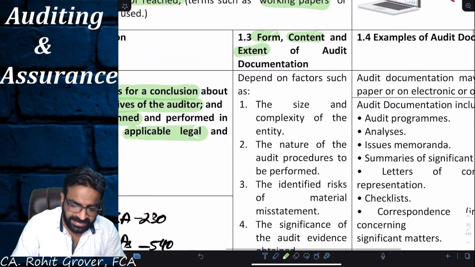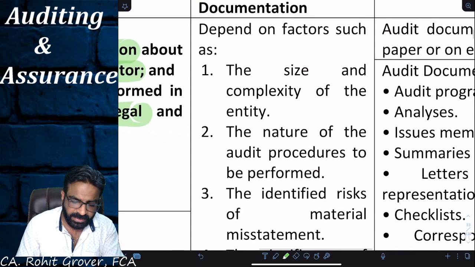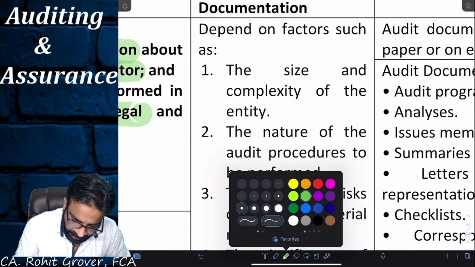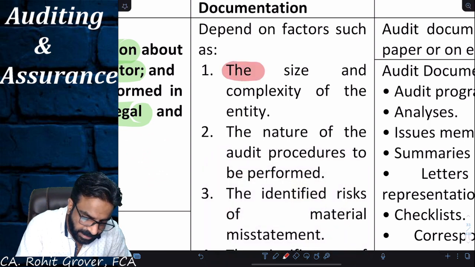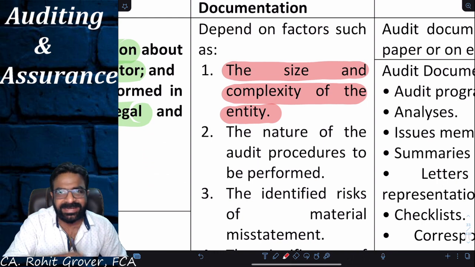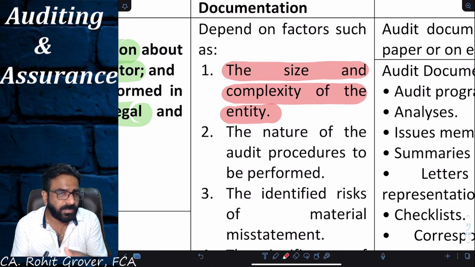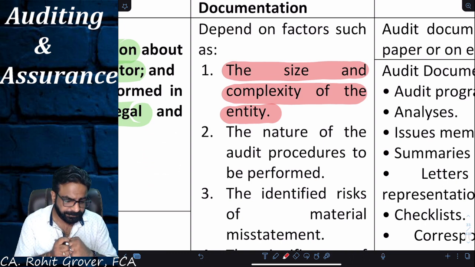Now see, size and complexity of the entity is the first factor which we are going to understand. Tell me, everyone, the bigger the size of your client's entity is and the more complex the business of your client is, is it going to be more evidence or less evidence? More evidence.